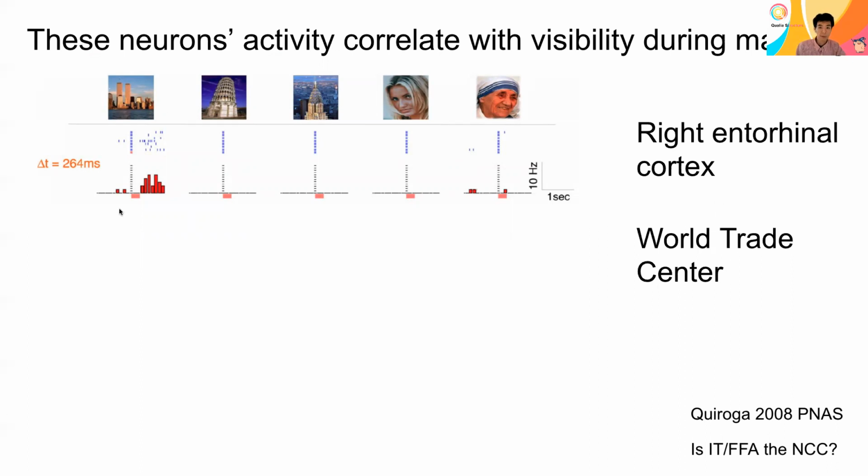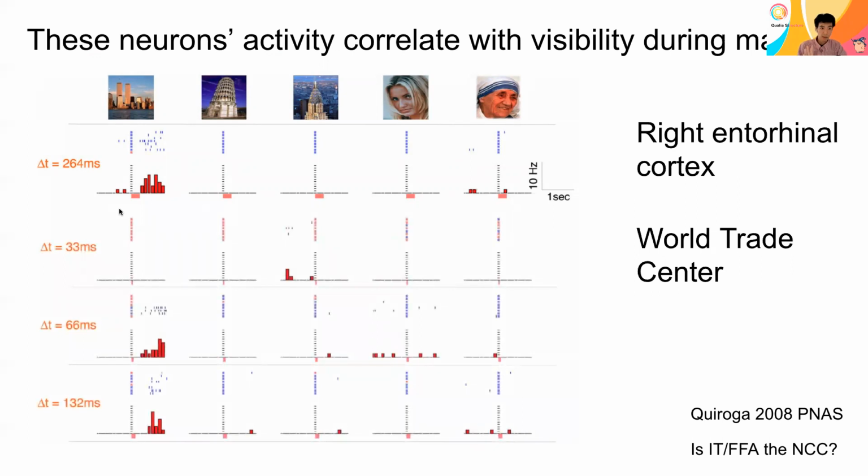And then when they presented the same stimuli with a shorter duration, like 33 milliseconds, the patient didn't recognize anything. So that corresponds to pretty much no response here. But if it's 66 milliseconds, then the patient started to recognize sometimes, oh, this is the World Trade Center.